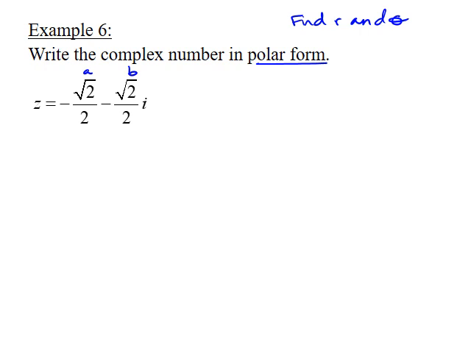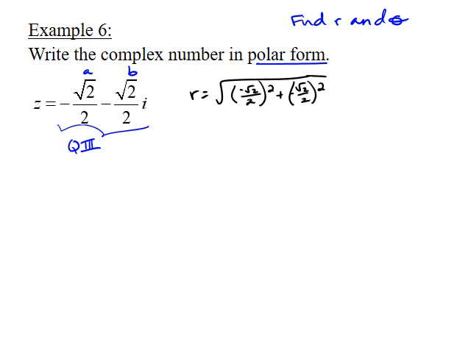If I were to plot this complex number, it would be in quadrant 3, which is helpful to know. From previous knowledge, we know that we can find r by taking the square root of a squared plus b squared. If I evaluate this, I end up with 1. So we have found r.